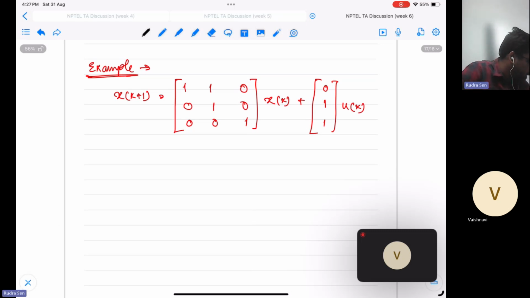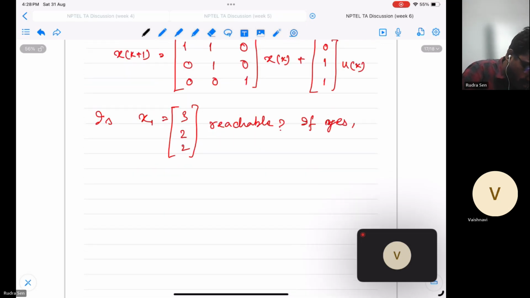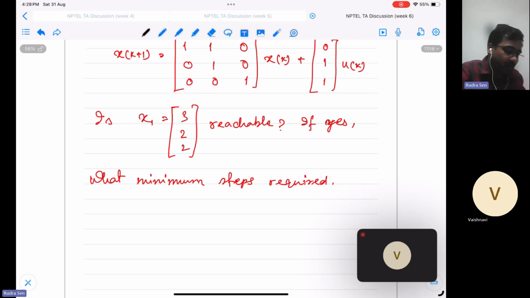This is the system that you are given, and you are asked: is x1 equals 3 2 2 reachable, and if yes, what minimum steps are required?